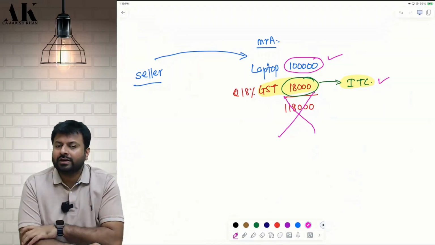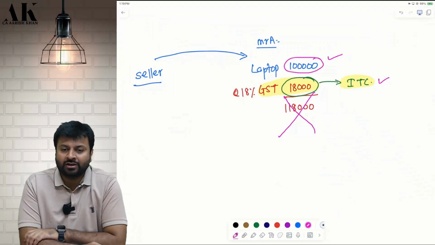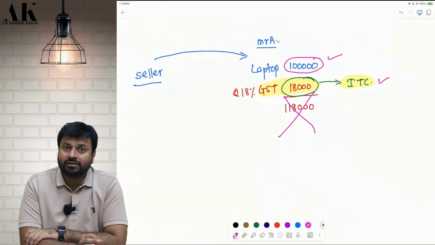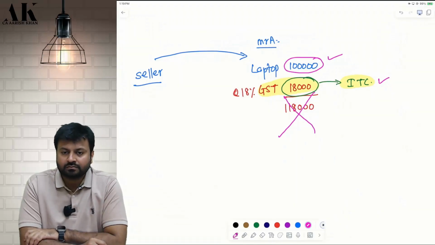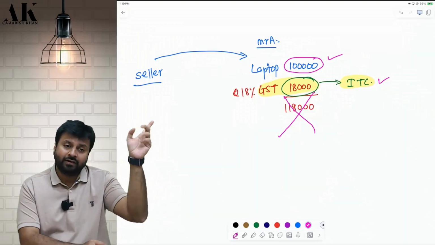In that case, you can claim depreciation on the GST portion also, because that GST is now part of your cost. Are you clear? Yes, sir. In that case, you can claim depreciation on the GST portion also. So the government is giving you choice in respect of laptop.